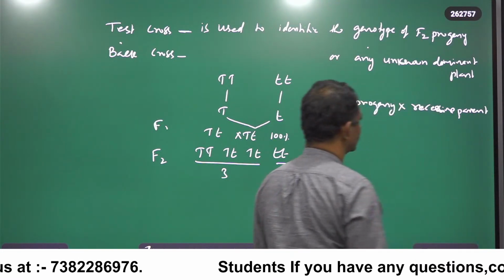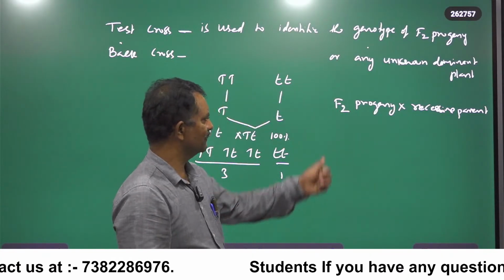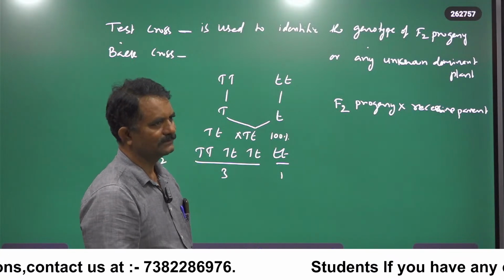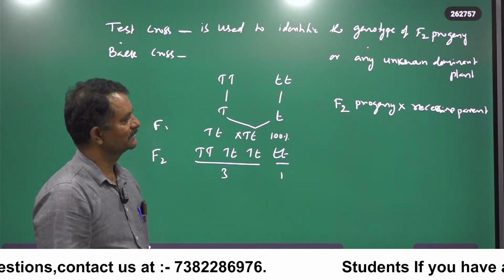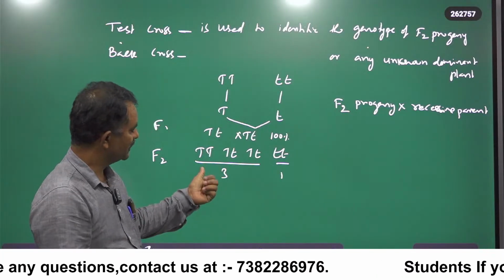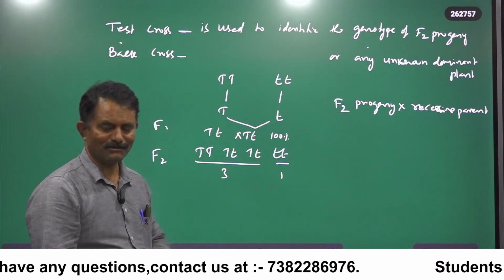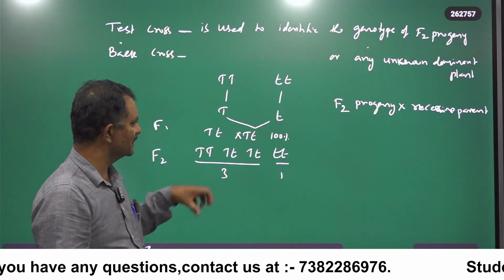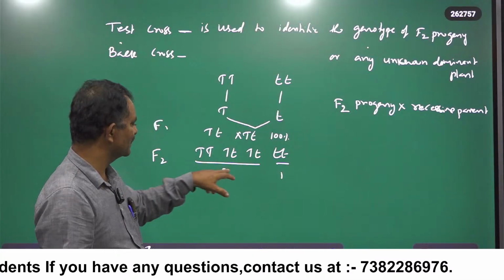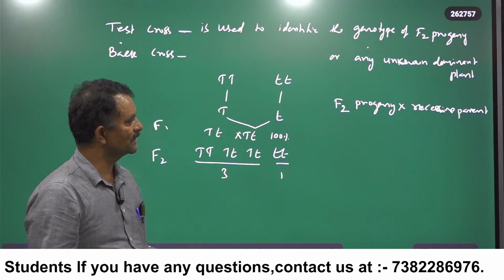Why not F1? Why do we take F2? F1 is always hybrid, we know that it is hybrid, so we don't need a test. But in F2 there are 3 dominant plants, and we don't know which is homozygous and which is heterozygous. That is why we need a test. So test cross is used to determine the genotype of the dominant parent, right?